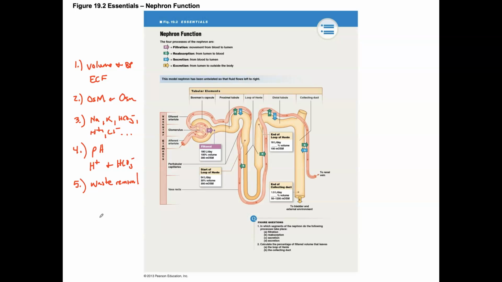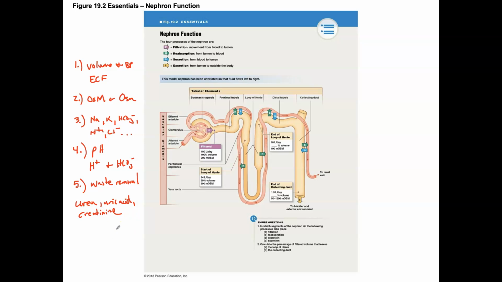The primary metabolic waste, though, that we get rid of is urea. So waste removal of urea is important. We also get rid of uric acid, another metabolite in the body. And then we also get rid of creatinine, which is another metabolite that we need to remove from the cardiovascular system.